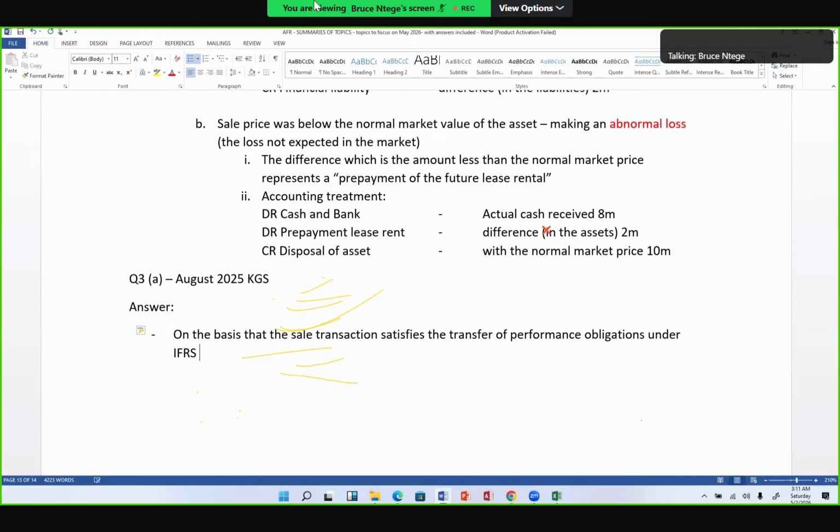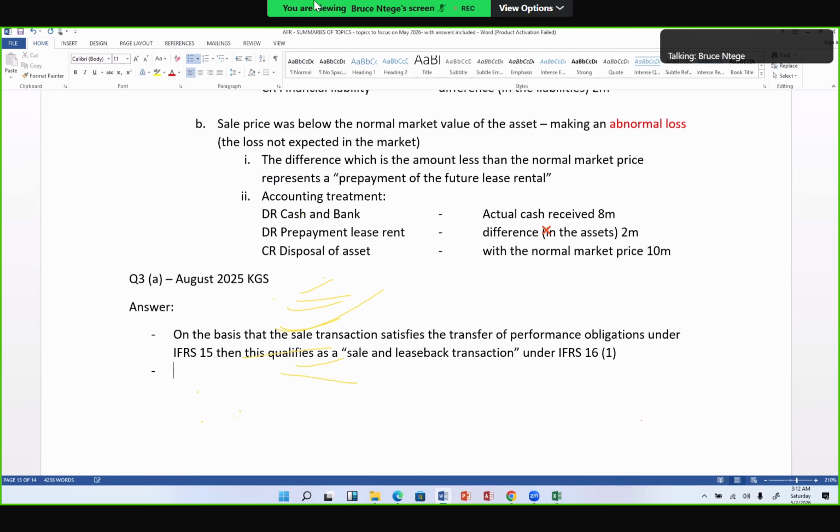Please, in this paper, you don't have to give the title. You could even have forgotten that number, that IFRS 15. You can say in accordance with accounting principles. Then this qualifies as a sale and leaseback transaction under IFRS 16. So you are starting to get your tick. The examiner says 1 mark. Student, tick. Starting. Those 8 things you've started to talk.